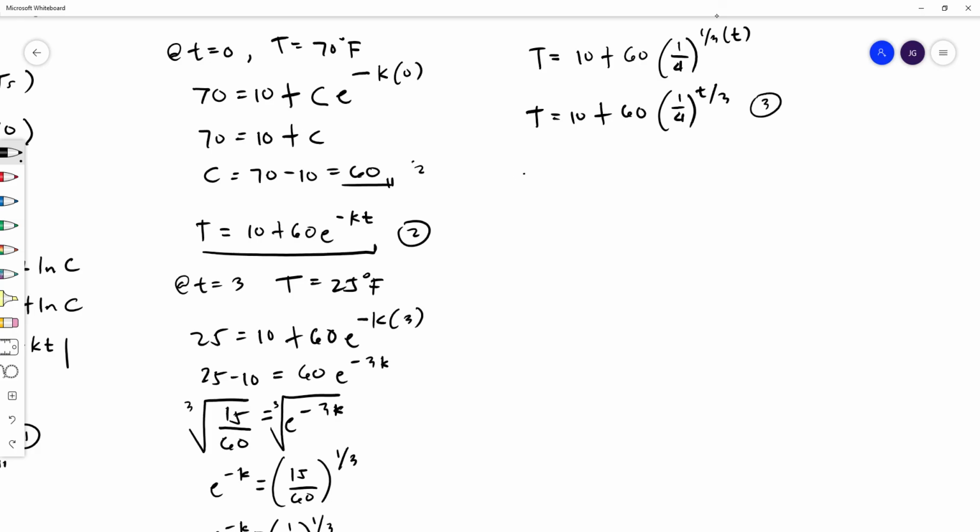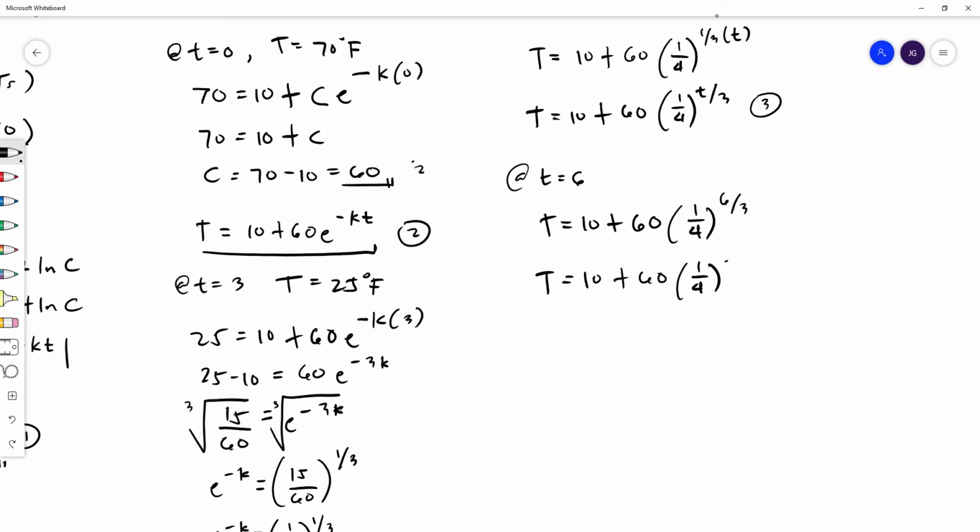Thus after, at our time equal to 6 minutes, we have T is equal to 10 plus 60 times (1 over 4) raised to 6 over 3. Then temperature is equal to 10 plus 60 times (1 over 4) raised to 2.